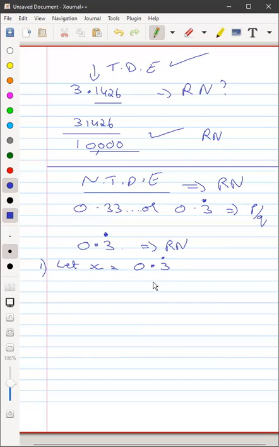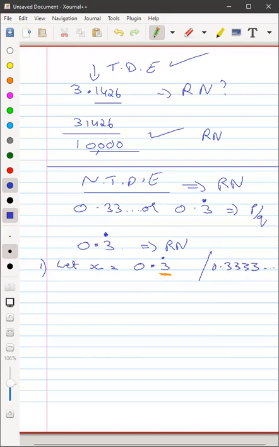Now, how many digits are repeating over here, Ananya? One. One digit, right? Because this is basically nothing but 0.3333 and so forth.